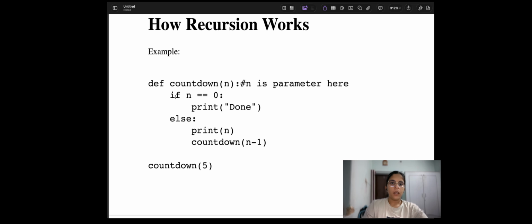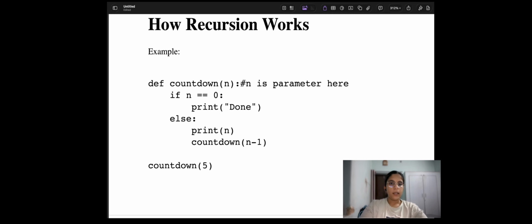If n is equal to 0, that means the value of n is 0, then print done.